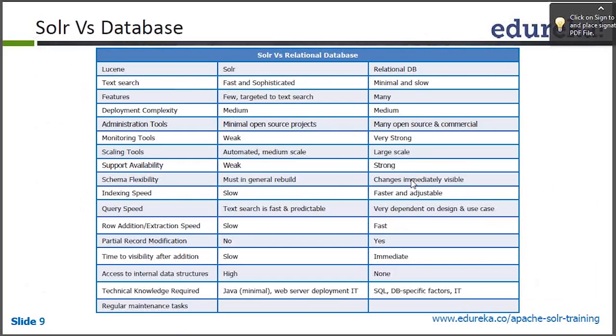Most RDBMSs follow master-slave or clustering for load balancing and data distribution. In Solr we follow master-slave as well as the distributed horizontal scale NoSQL model, the SolrCloud model, which we'll be discussing. Consistency is not that strong, but it is eventually consistent.